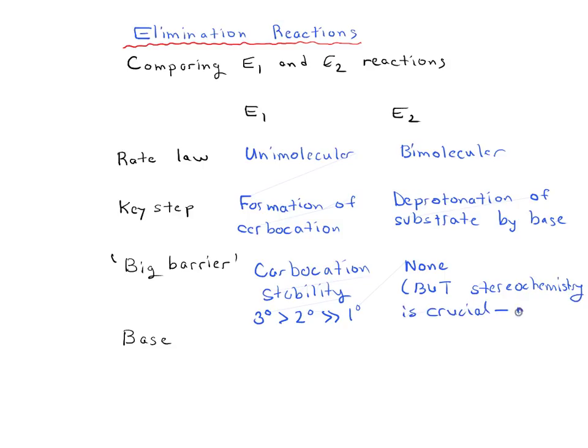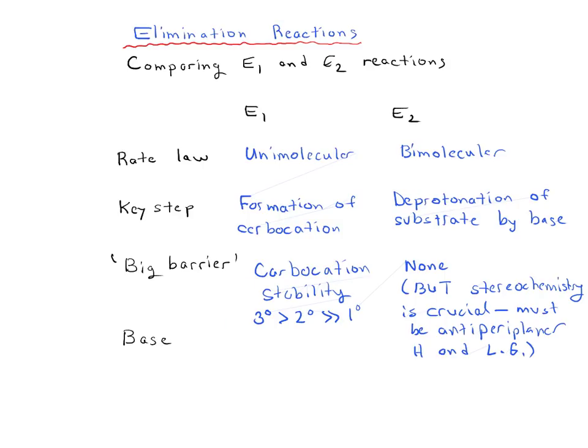It has to be anti-periplanar, the hydrogen and the leaving group. Okay, so you can still have an elimination reaction occur on tertiary, secondary, or even in some cases primary halides, but the key thing is going to be the stereochemistry to make sure that that can actually occur.